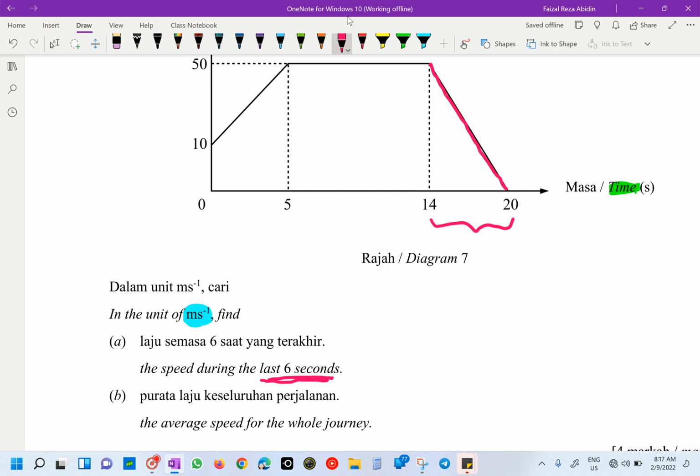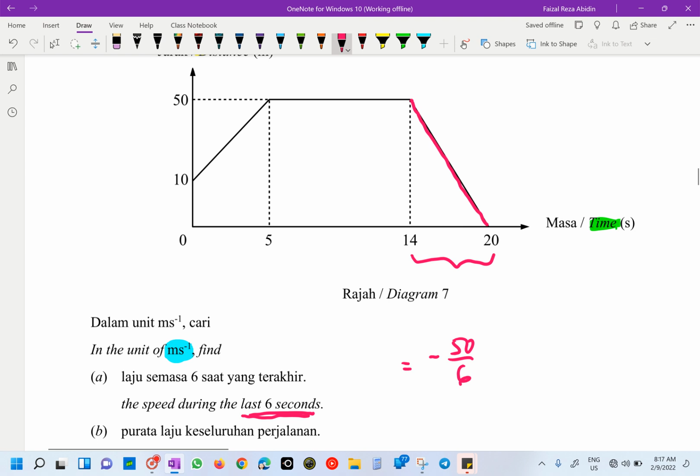Okay. So, many people did what? 50 over 20. Right? Then 50 over 6. Right? Negative. Okay. Speed equals to, don't shoot the teacher, okay? So speed equals distance over time.